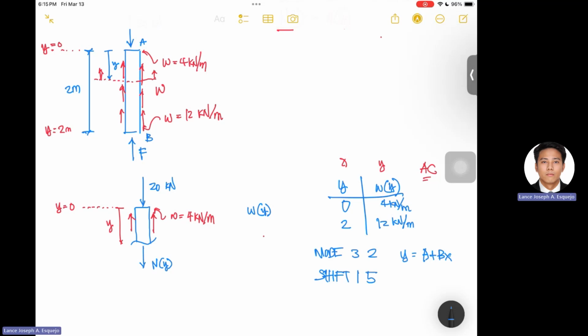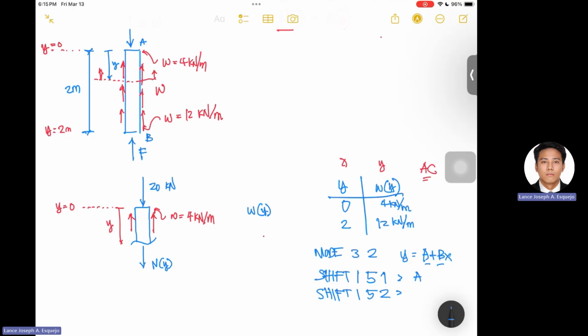So here, meron tayong options to determine the value of A and B. So for A, we have shift 1, 5, 1, and then we get the value of A. So for B, we have shift 1, 5, 2.